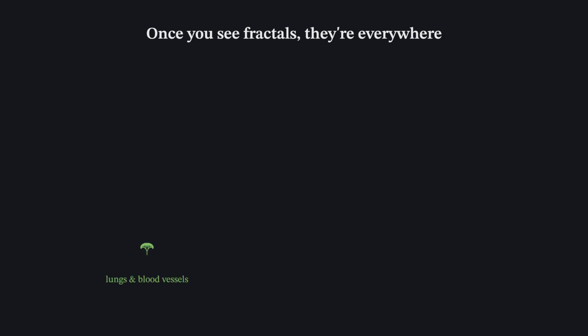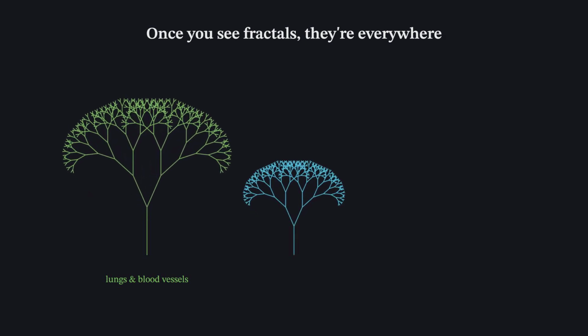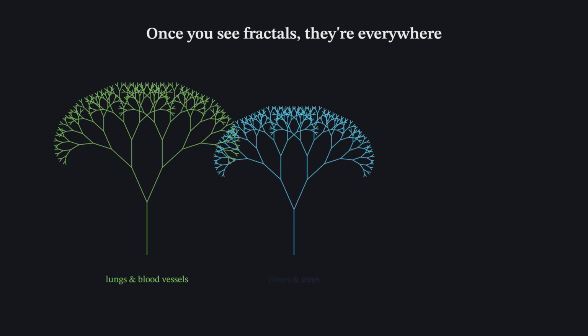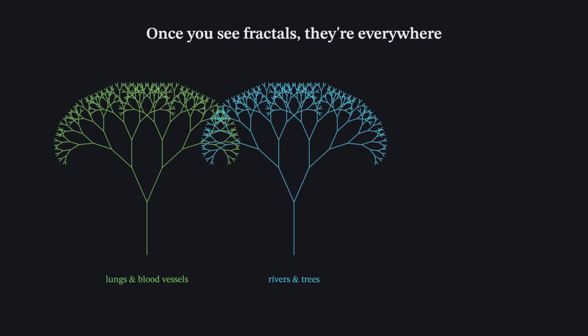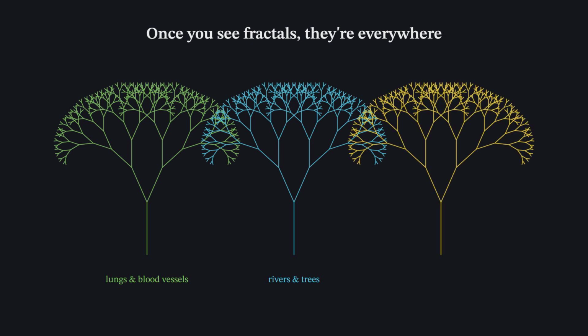Look at your own lungs. To absorb oxygen, they need enormous surface area, but they have to fit inside your chest. The solution is a fractal. Tubes branching into smaller tubes, branching again, more than 20 times, until the total surface area inside your chest rivals a tennis court. Your blood vessels do the same, reaching every cell in your body. So do the branches of a tree and its roots, maximizing contact with sunlight and soil.